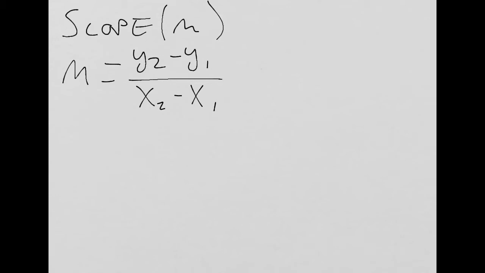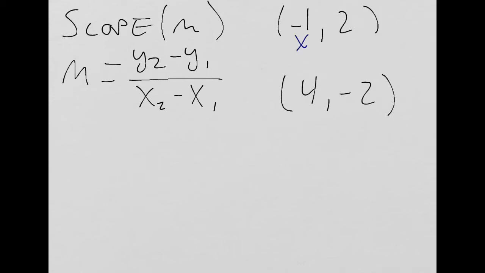So the points that we're given are -1, 2 and 4, -2. So this is going to be my x1, this is going to be my y1, this is going to be my x2, and this is going to be my y2. I always use this strategy of labeling my x1 and y1 and x2 and y2, so that way it's a lot easier for me to then plug them into my equation here. I don't have to think too hard and work too hard to keep track of the numbers.